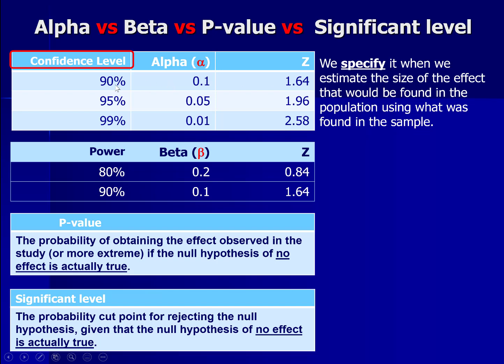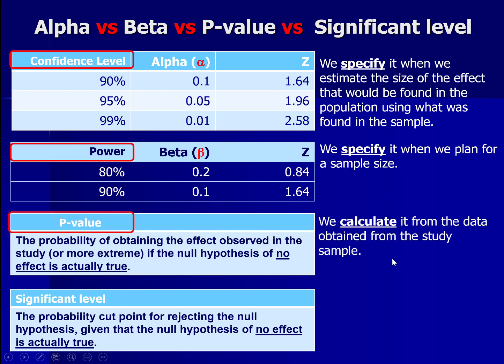We specify the probability of getting the effect size with this known error, like 95% meaning an error of about 5%, for example. For power, we specify it when we plan for a sample size, so we see it only in the sample size formula.